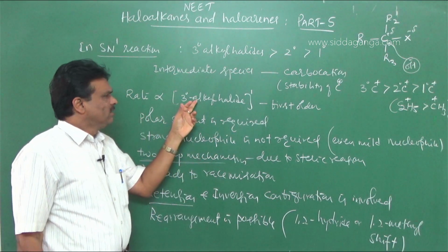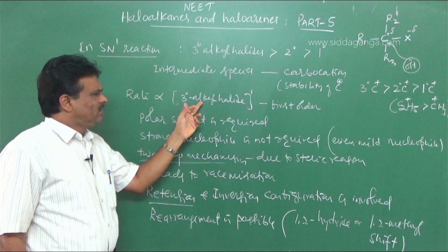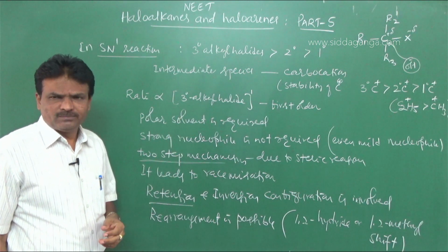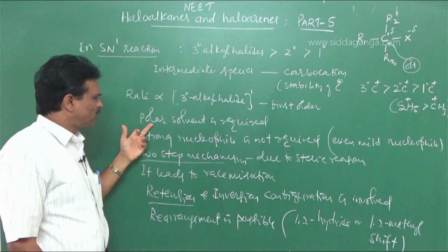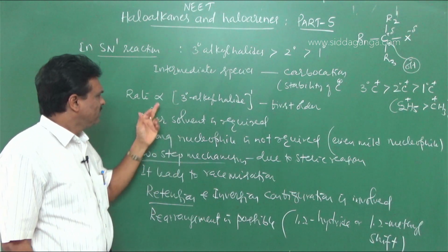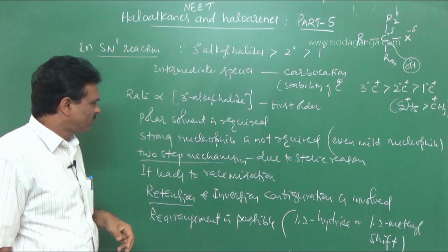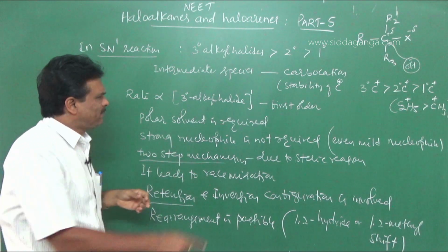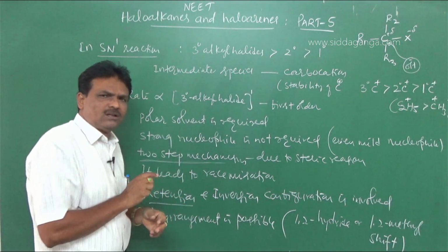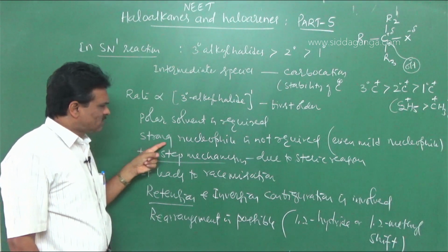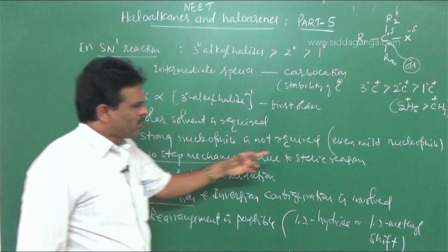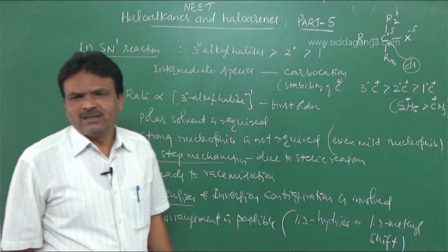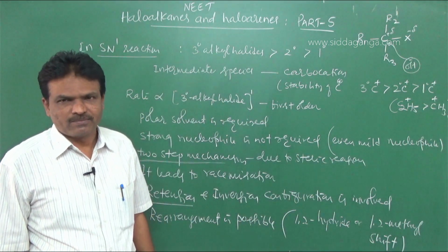Then in the first step, dissociation of the alkyl halide is involved, that is favored only in the presence of a polar solvent. Hence a polar protic solvent is required in the case of the SN1 reaction. Then the rate depends only on the alkyl halide, not on the nucleophile, hence a strong nucleophile is not required. Even in the presence of a mild nucleophile, the SN1 reaction occurs.